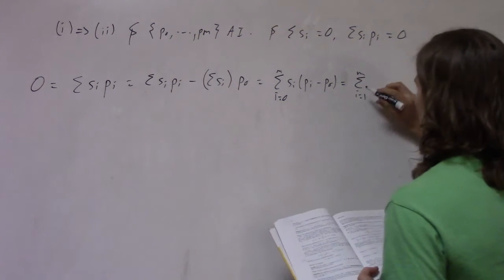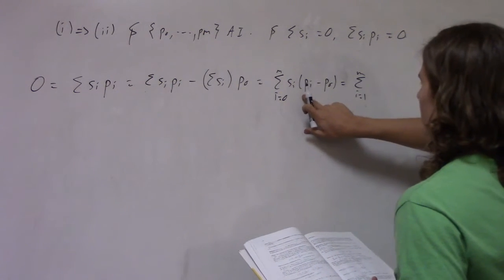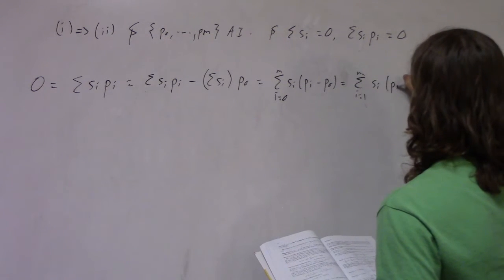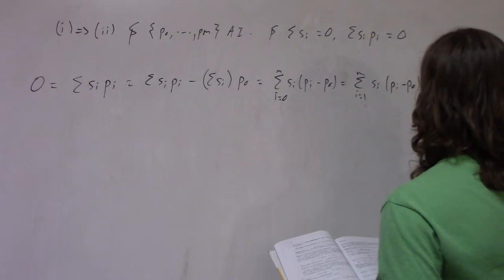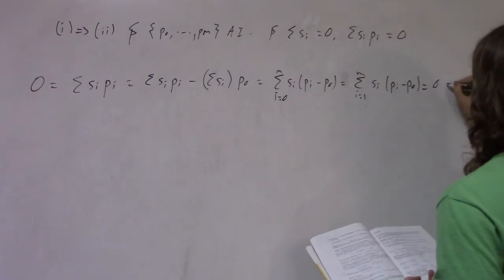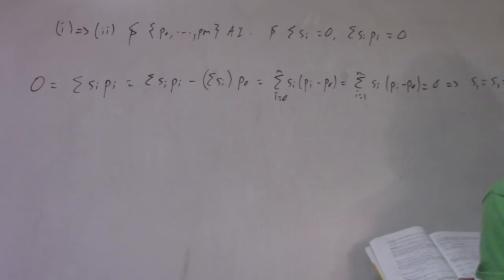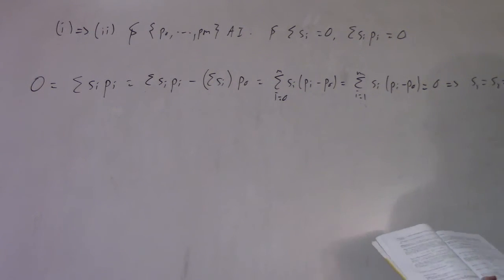But what did we say about affine independence? It means that all of these are going to be linearly independent. So the sum of Si times (Pi minus P0) equals 0 again, which tells us that S1, S2, through Sm are all going to be equal to 0 by definition of linear independence.